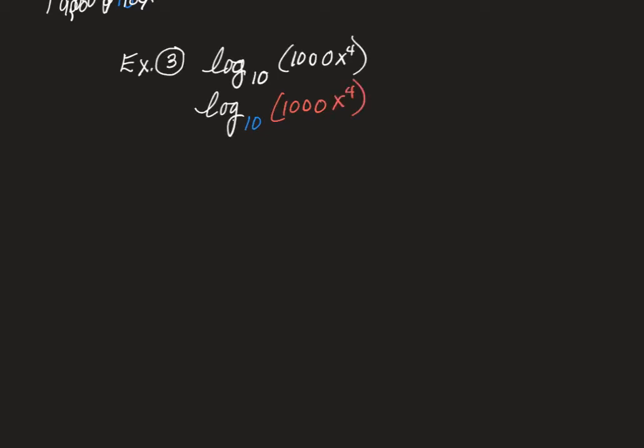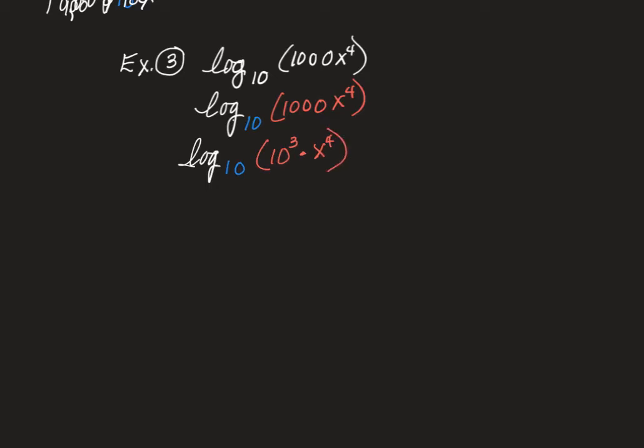Okay, and that, of course, could be rewritten because 1,000 is definitely not prime. It has some factors, and it has factors of 10, in fact. Let's see, 1,000 is equal to 10 cubed. So that's 10 cubed times x to the 4th.